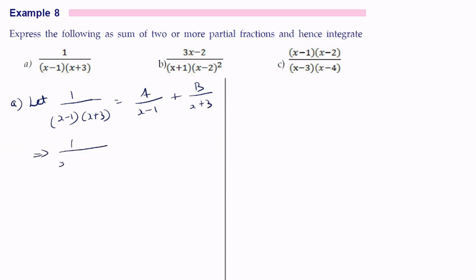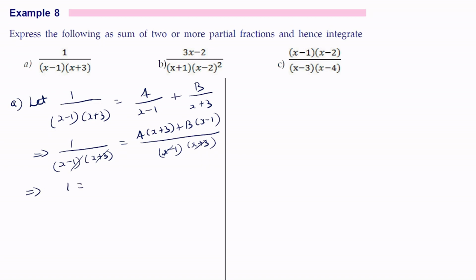So from this we get 1/((x - 1)(x + 3)) = (A(x + 3) + B(x - 1))/((x - 1)(x + 3)). So the denominator will go.